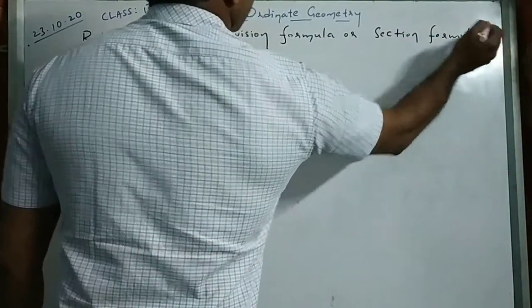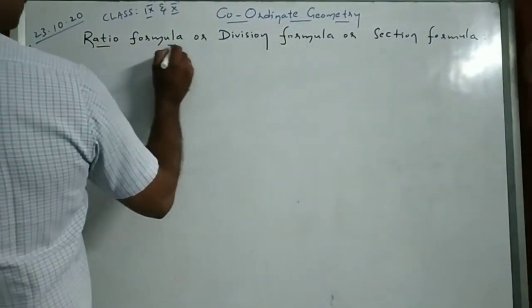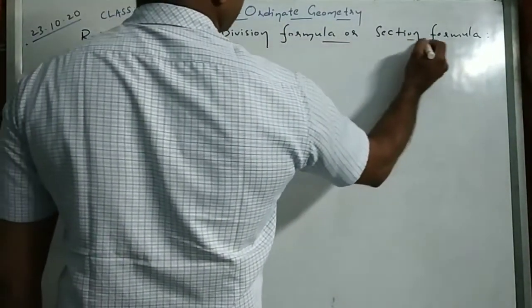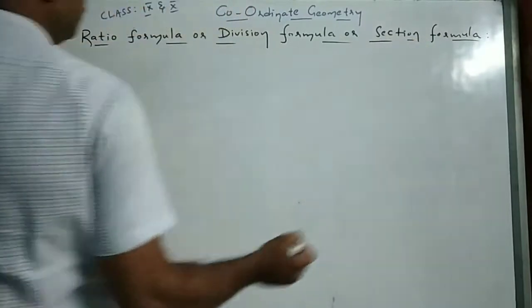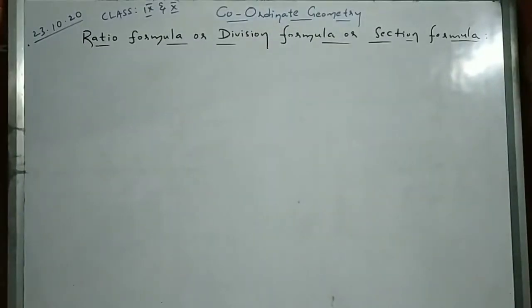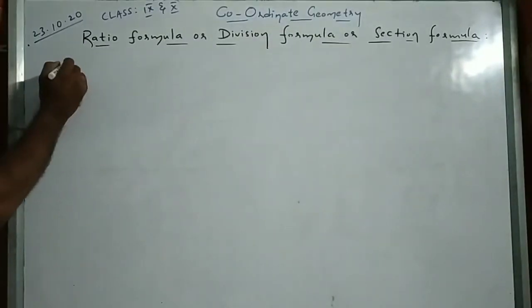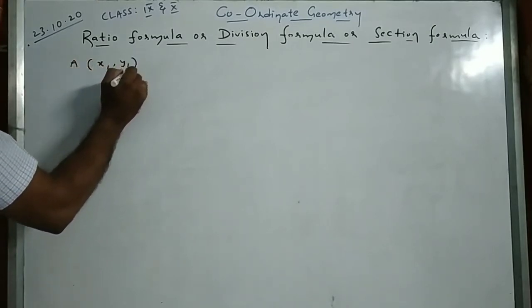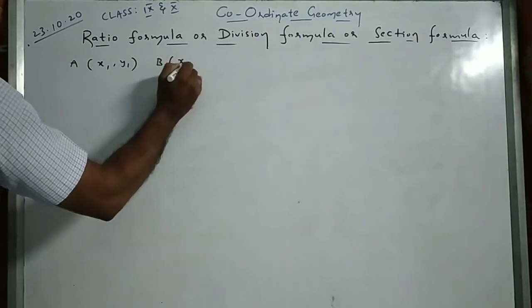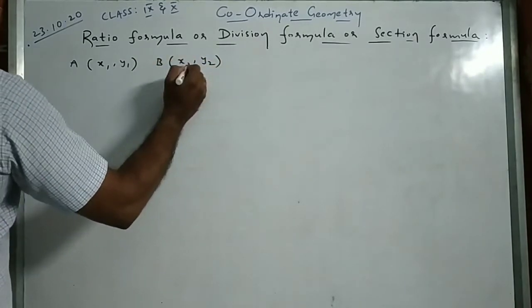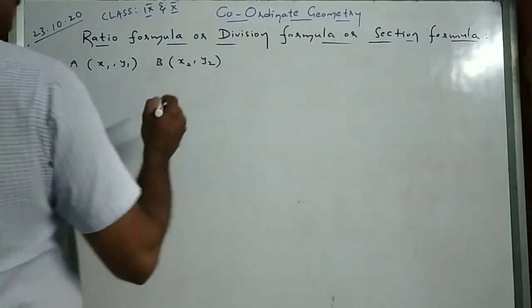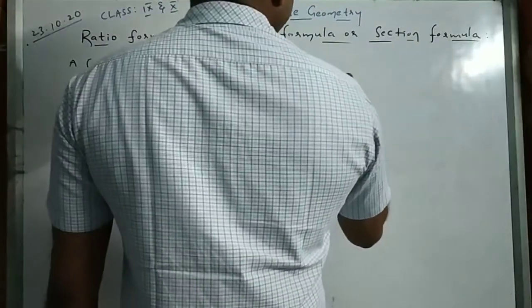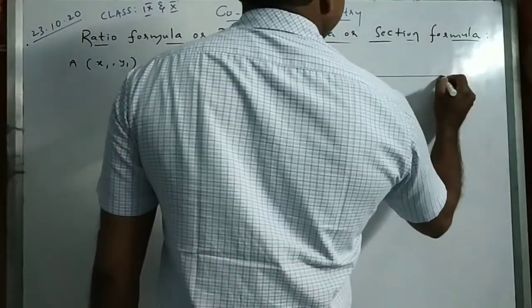Already proof also I told you earlier. So let us recall once. Some problems also we are going to do. Ratio formula. We will be giving 2 points, A of x1 y1 and B of x2 y2. The line segment joining these 2 points.